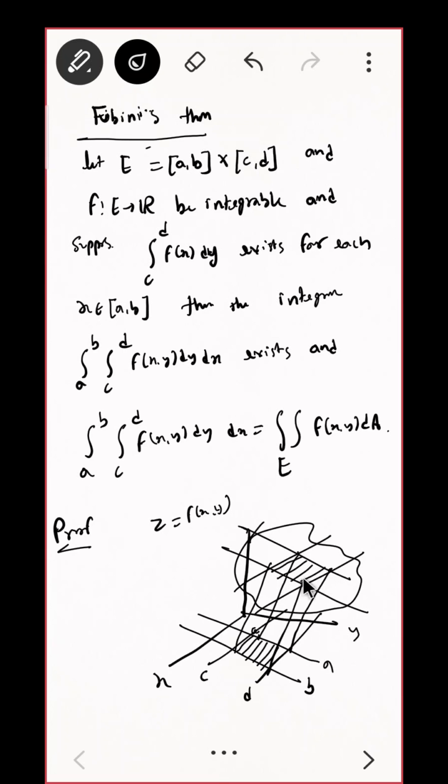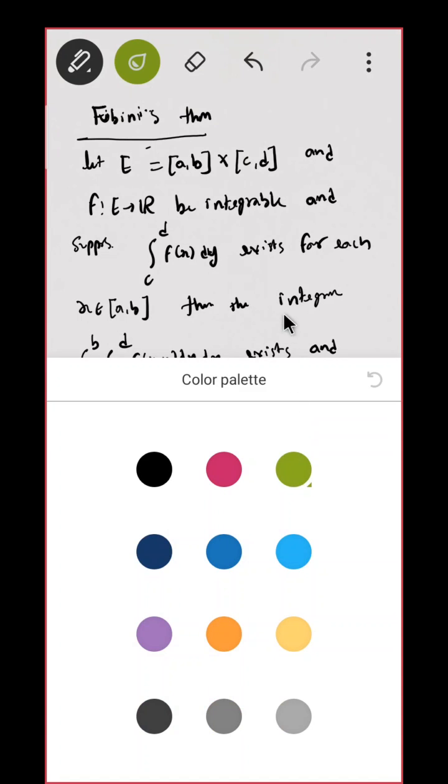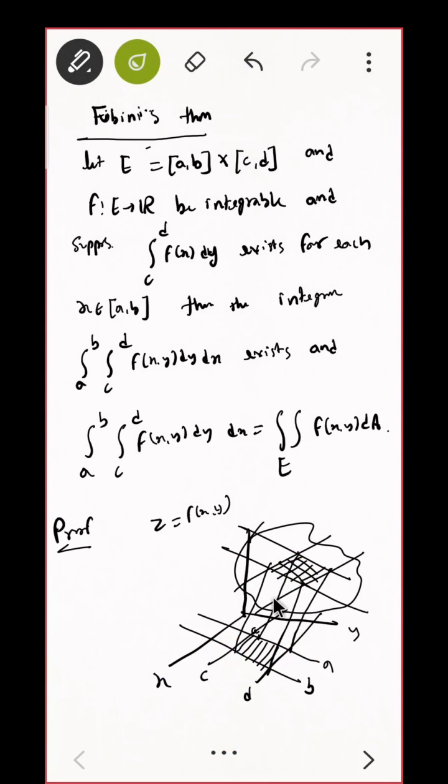This is your whole function, and that is your roof, and we are finding the volume under that roof. This is your roof and this is your base.